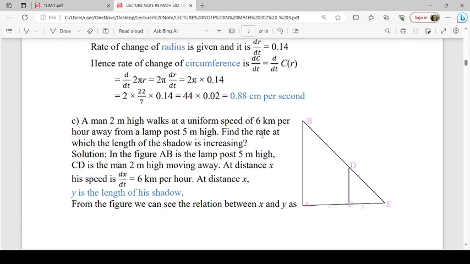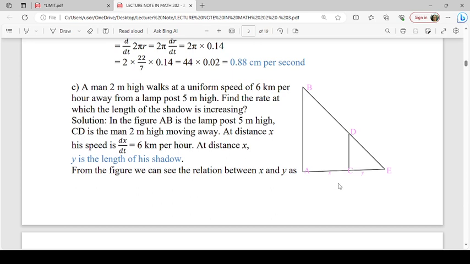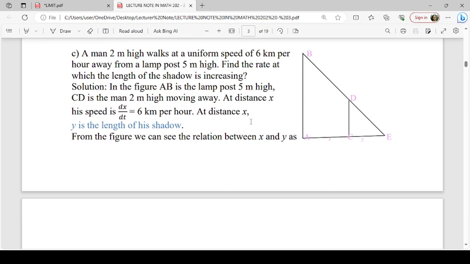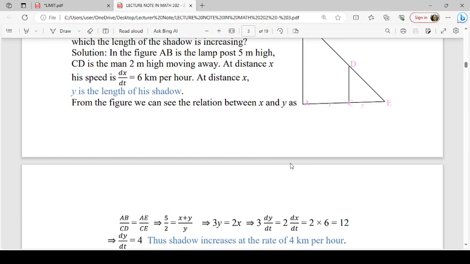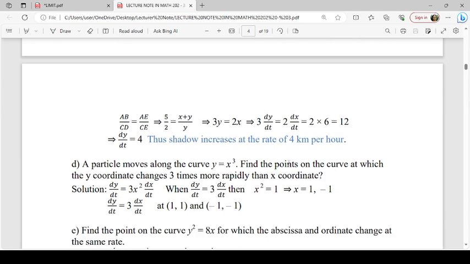This is the speed of a man walking away from a lamp post. So this is also a speed problem, to measure the speed of the shadow: how its length is increasing, at what speed.